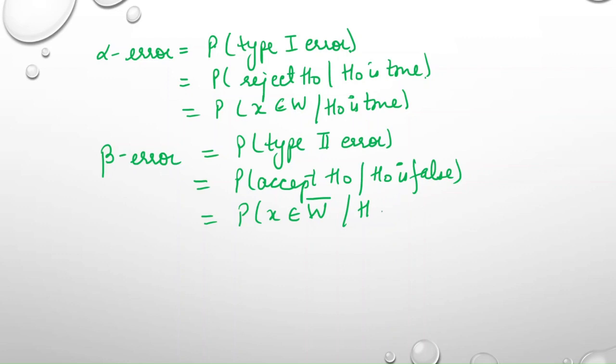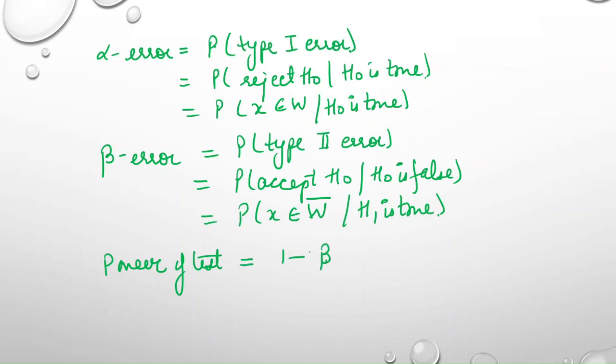H naught is false means that H1 is true. So that's obvious. And also we define the power of the test. The power of the test is defined as 1 minus beta.